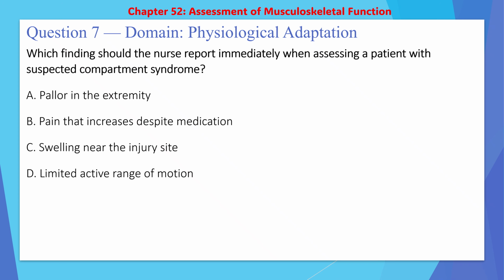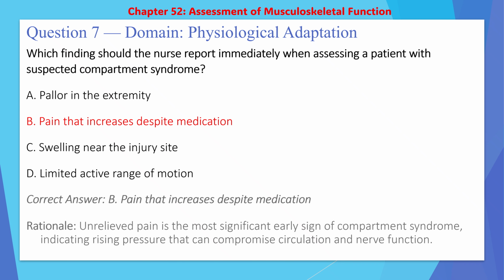A, pallor in the extremities; B, pain that increased despite medication; C, swelling near the injury site; D, limited active range of motion. So the answer should be pain that increased despite medication. That's correct.